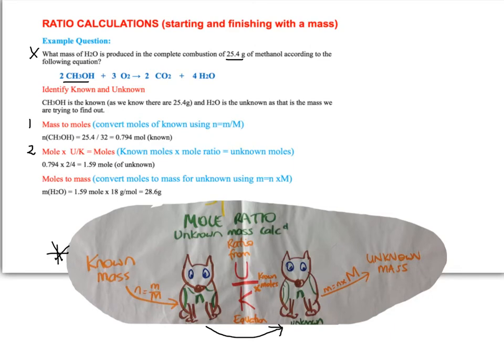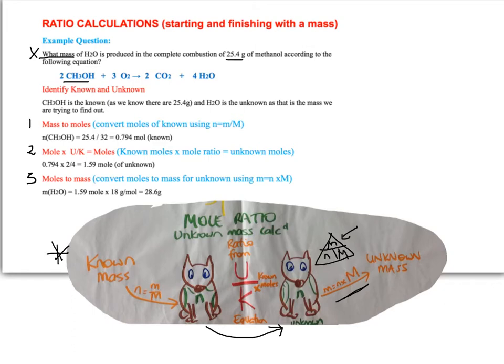Then the third step is, because the question is saying what mass of water is produced, we are wanting to now convert that known number of moles into an unknown mass. So we're going to need to rearrange that n equals m over M equation to provide the mass. So mass equals number of moles times the molar mass.